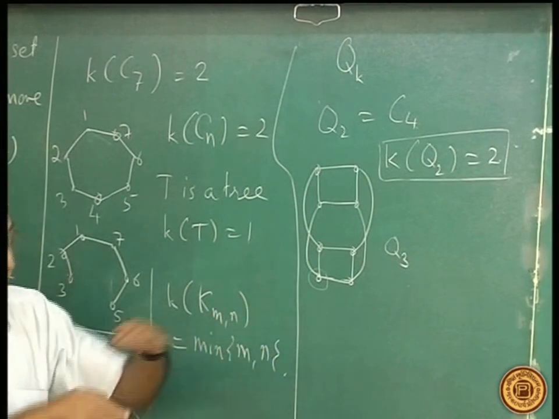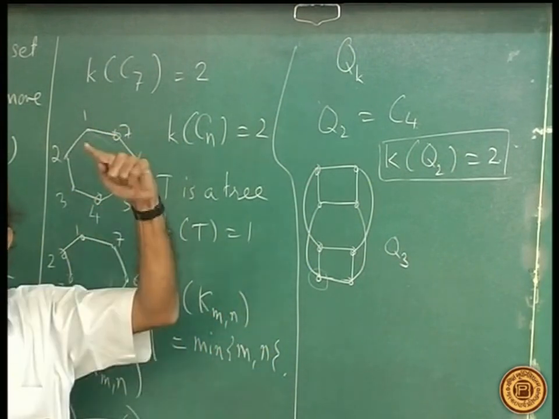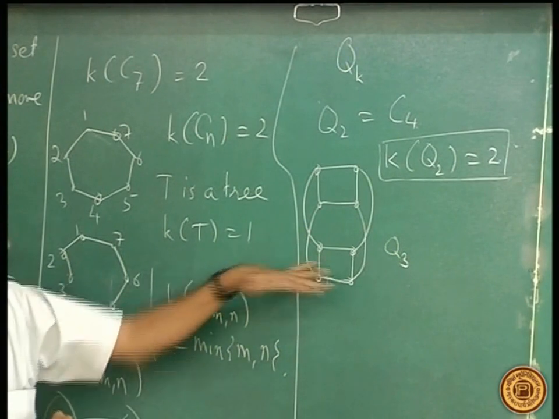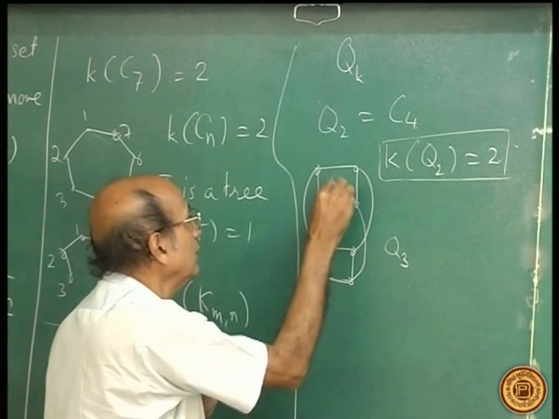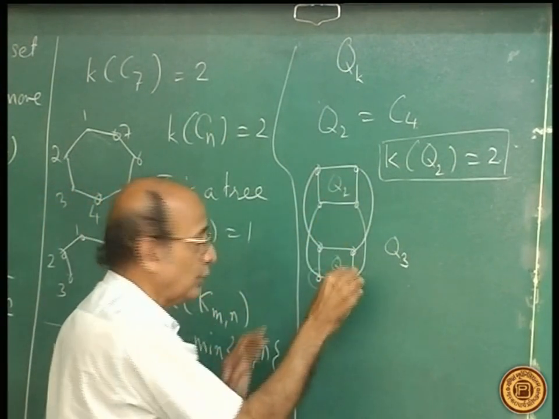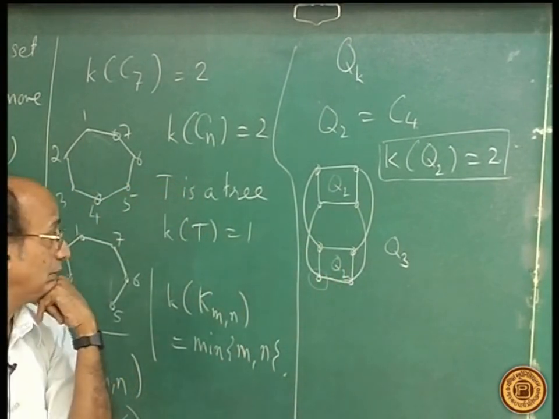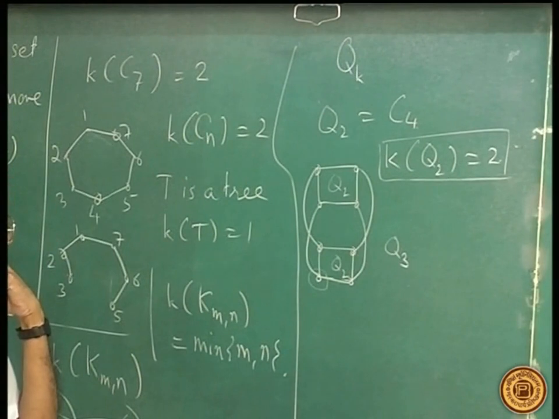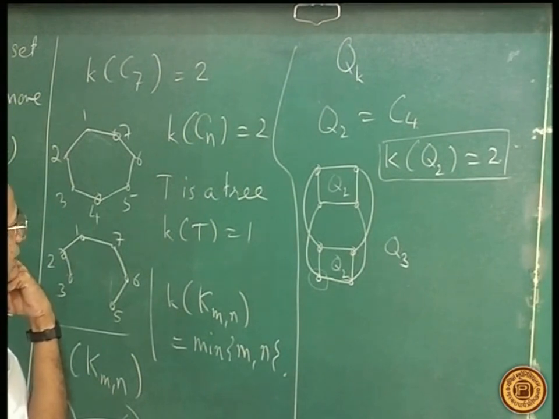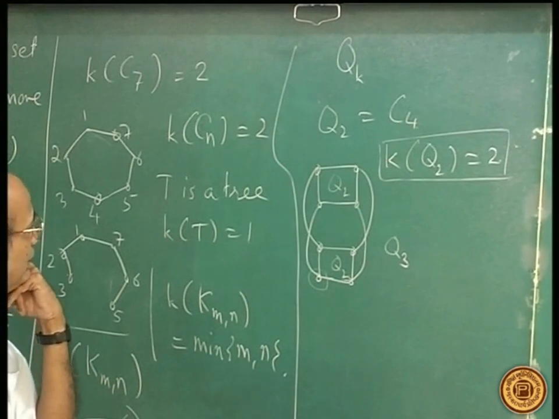Now I can use these edges in the matching, so there are 2 copies of Q2 from which Q3 is constructed. So in one part things remain connected.